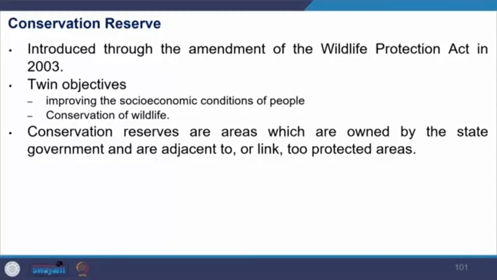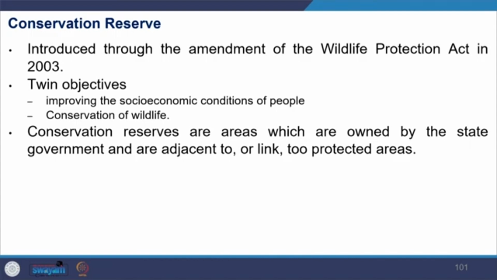Looking at conservation reserves, paying attention to the concept of conservation reserve, and you also have community reserve. These concepts were introduced through the amendment of the Wildlife Protection Act in 2003. Both of these aimed at improving the socio-economic condition of people as well as conservation of wildlife.